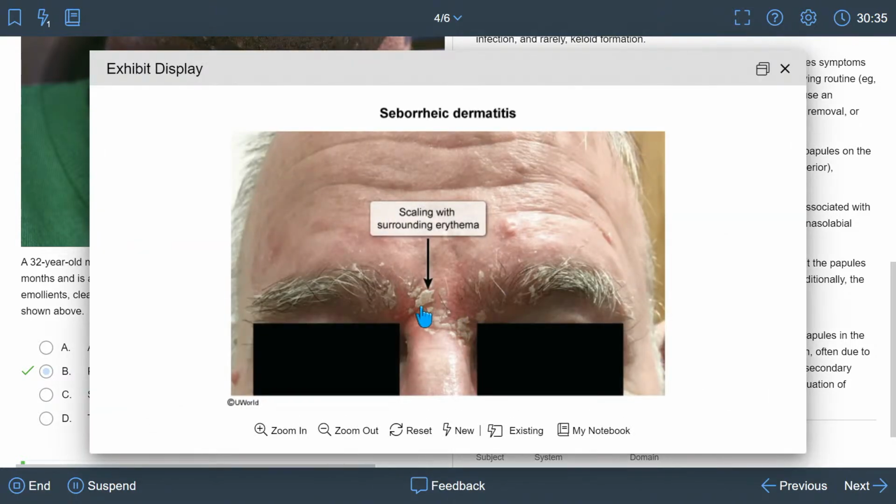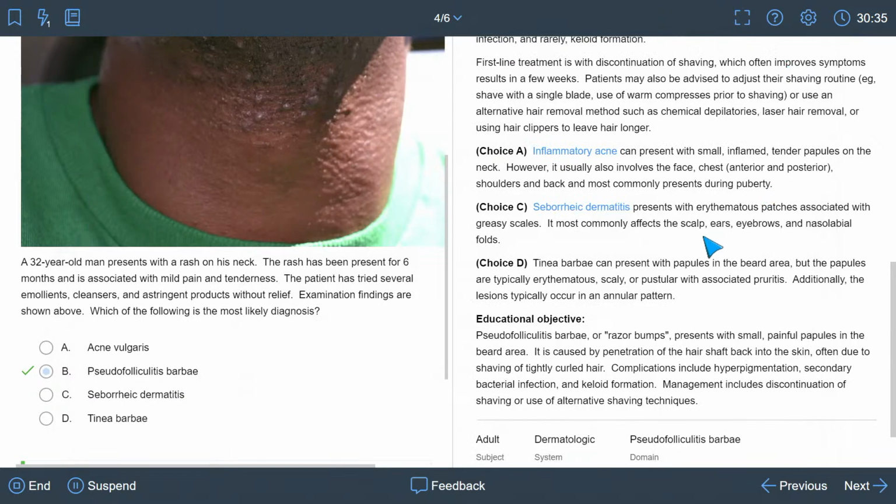So as you can see, that scaling with the surrounded erythema there does not look or resemble the image in our current question. And then choice D, Tinea Barbae. It can also present with papules in the beard area, but they are also erythematous, scaly, or pustular, and very itchy. Additionally, the lesions are going to occur in an annular pattern.